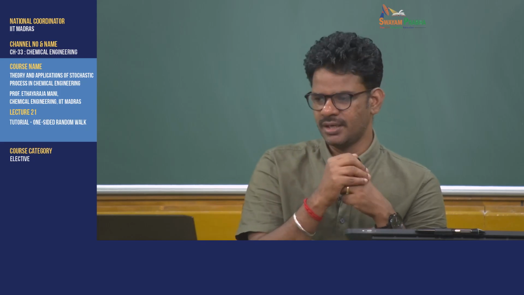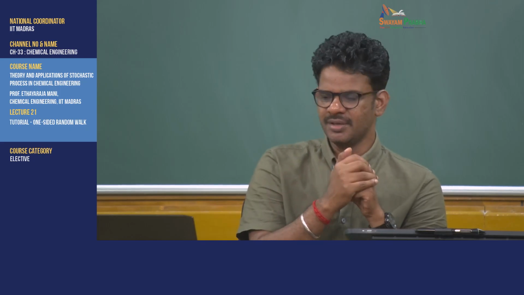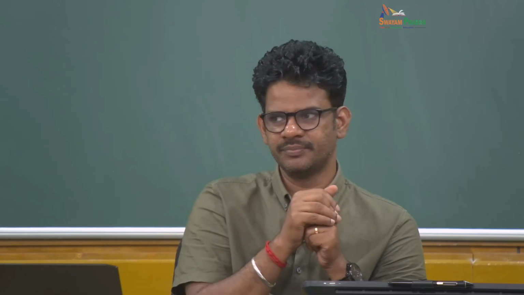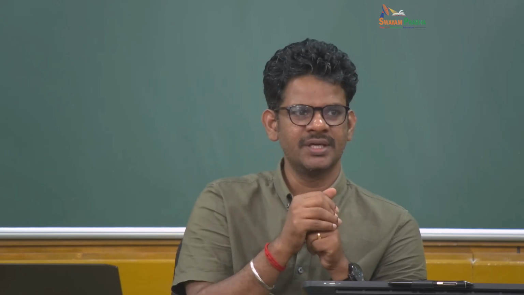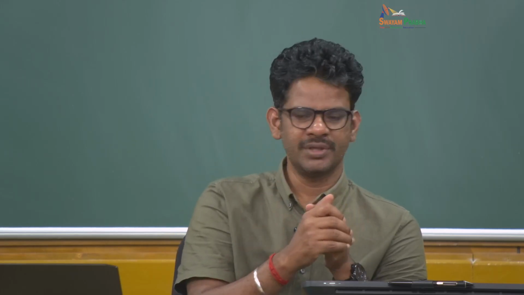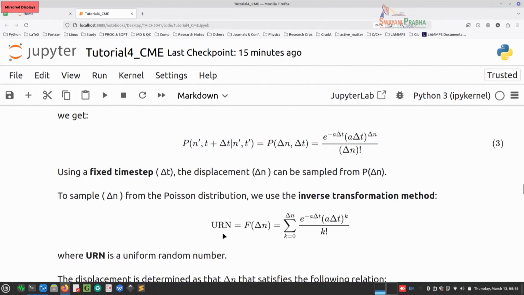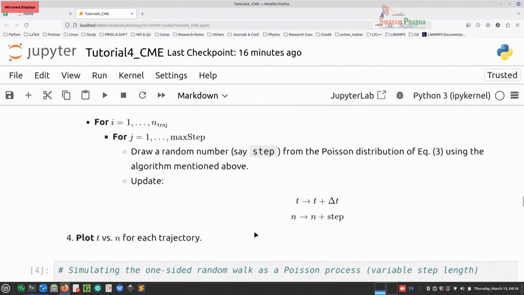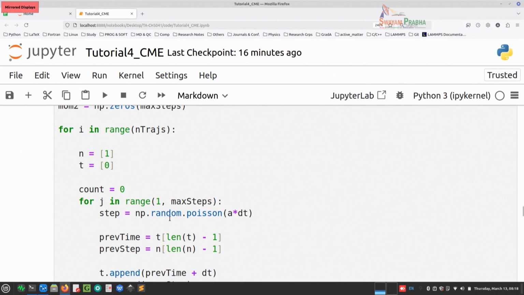Or you can create your own Poisson distributed random number by constructing a cumulative distribution function, then drawing a uniformly distributed random number and checking whether it is less than or equal to the cumulative probability, and then you choose delta n like that, okay. But in this case we are going to use an inbuilt function to generate a Poisson random variate for a given a times delta t, okay.